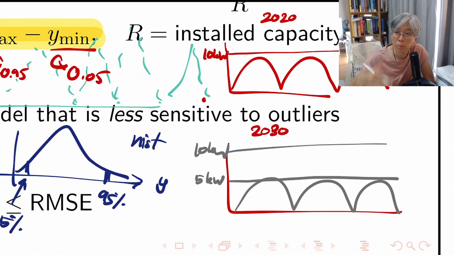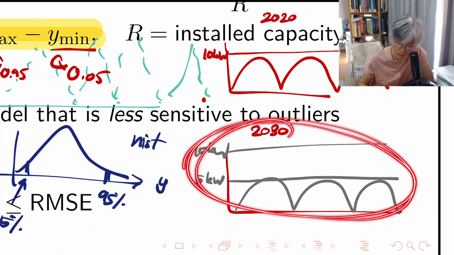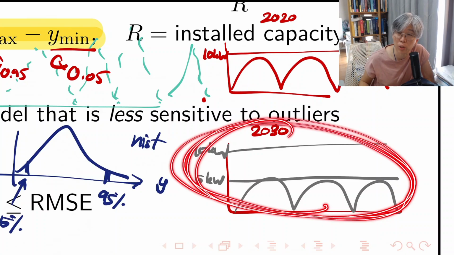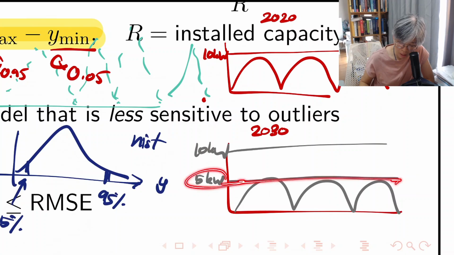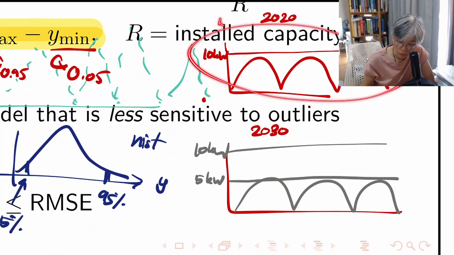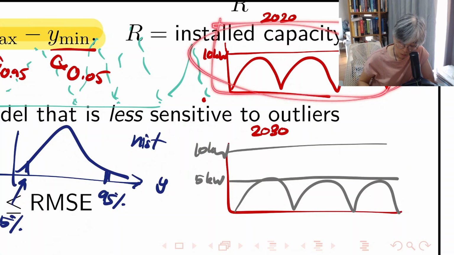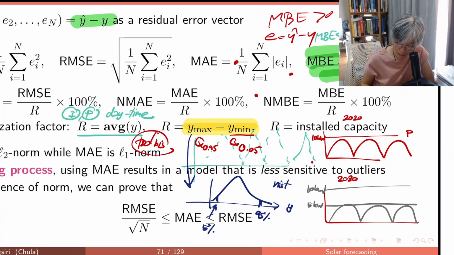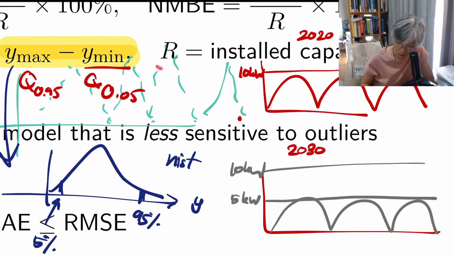So it means that if you perform the forecasting for a solar panel or solar farm that has been used for a very long time, you don't get the power as much as before. And so the range of the error would be smaller than the error when you first used the solar panel, which means if you normalize the error by the installed capacity, again, your R is going to be too big because you're going to use R as 10 kilowatt, right?